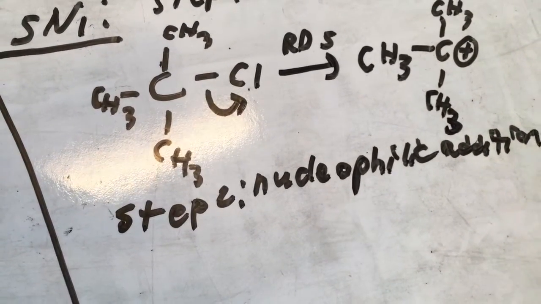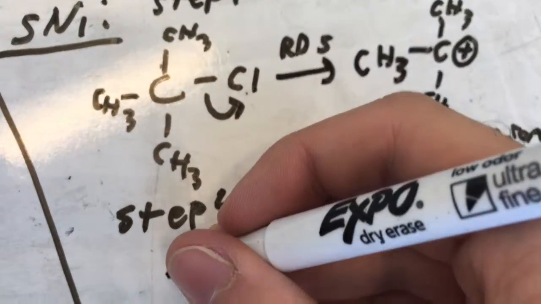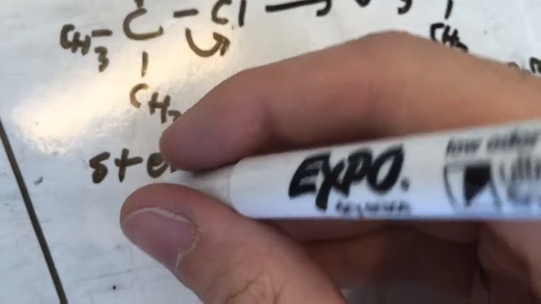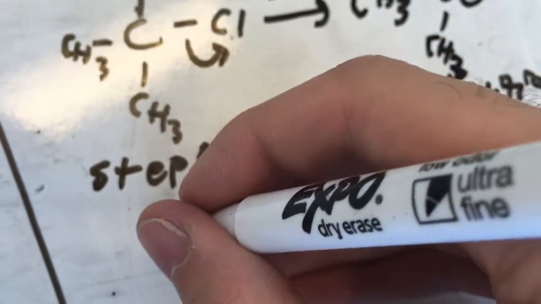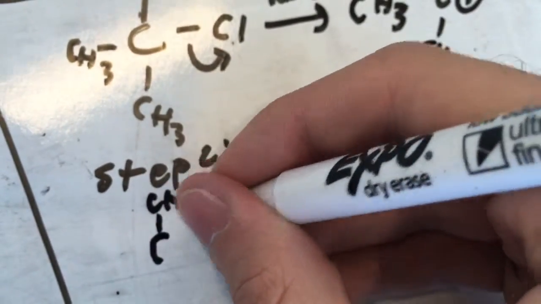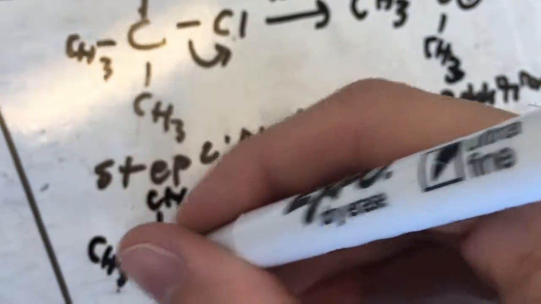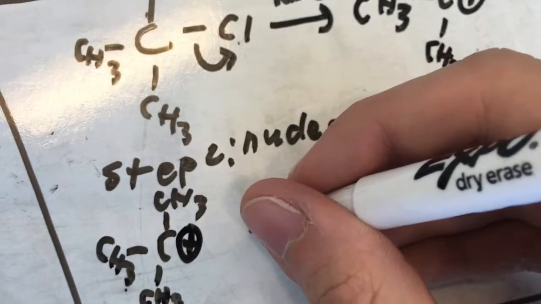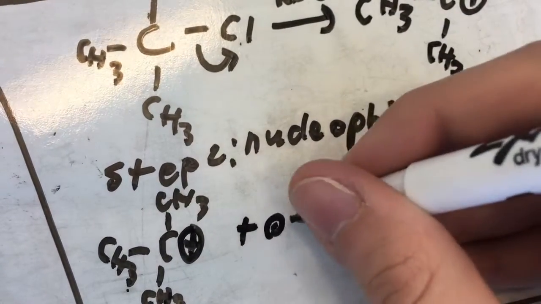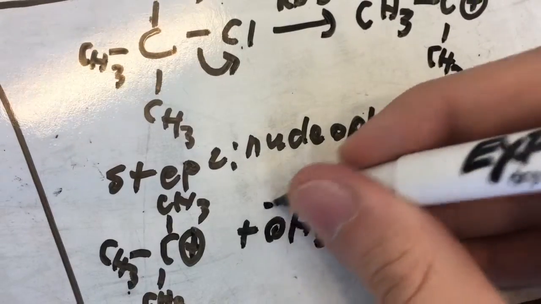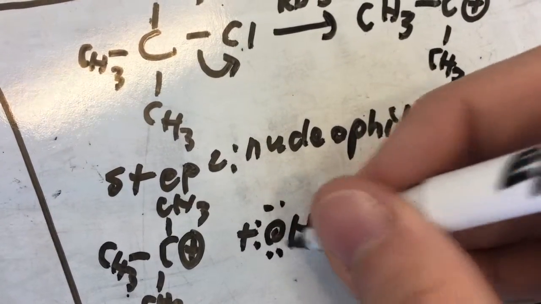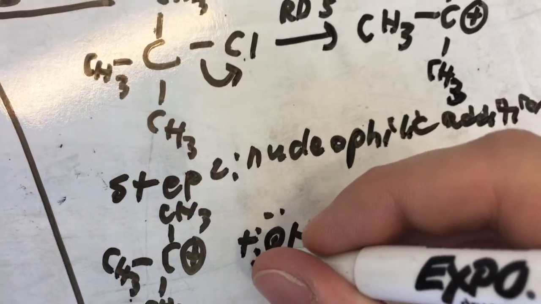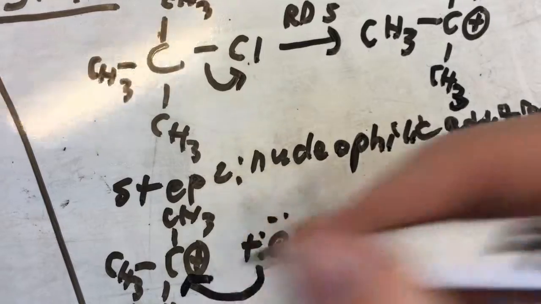We're going to attack our tertiary carbocation intermediate with our nucleophile. So we have C, CH3, CH3, CH3 plus, and we have our OH2. This is our water. So it just attacks, boop, the carbon right there.